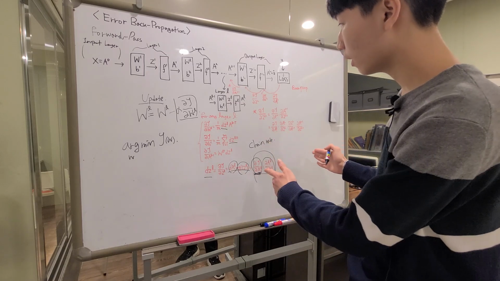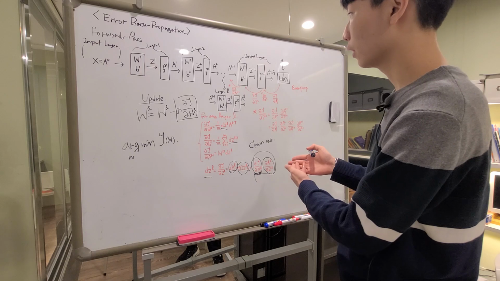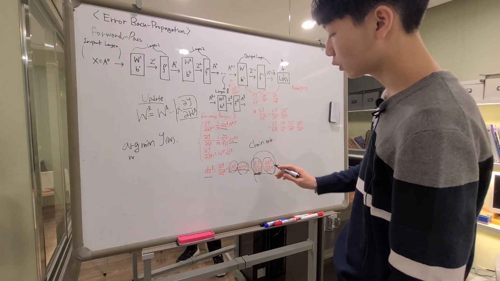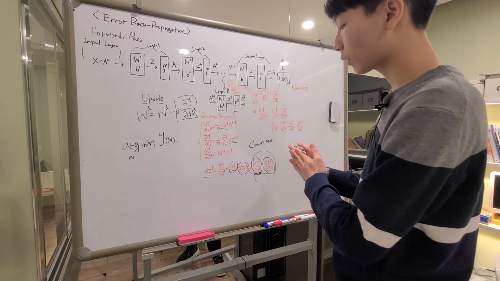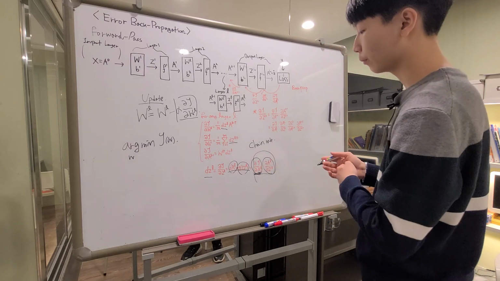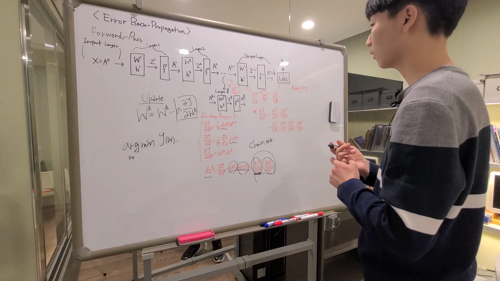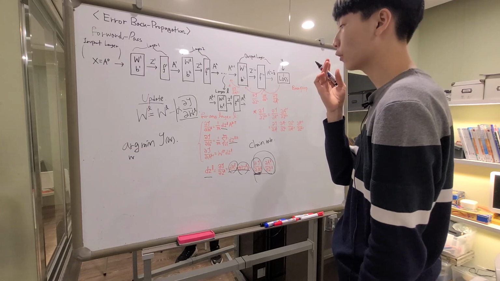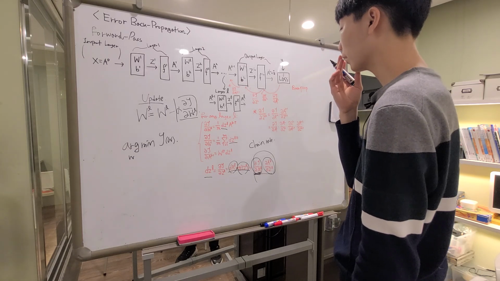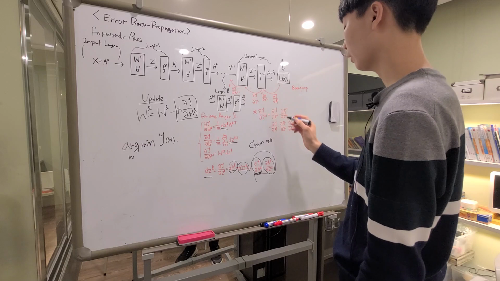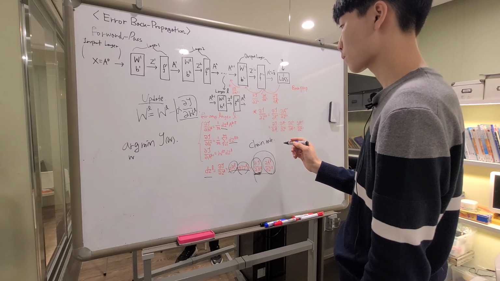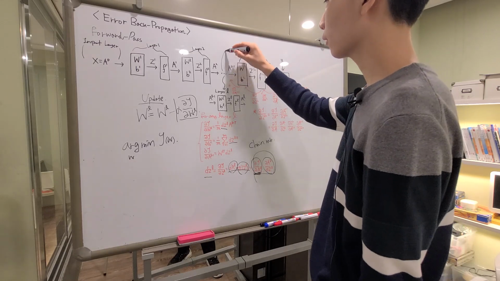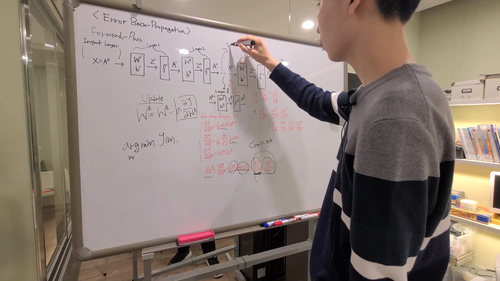Unless it's the output layer, there are many operations between the output or the loss and AL. So we need to take into consideration all those variables in between. For example, we want to calculate the derivative of the cost with respect to AL minus 1. Let's consider layer L minus 1.